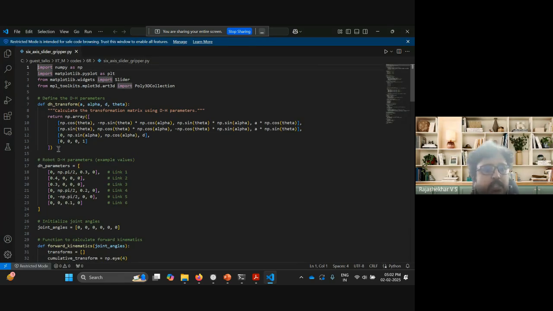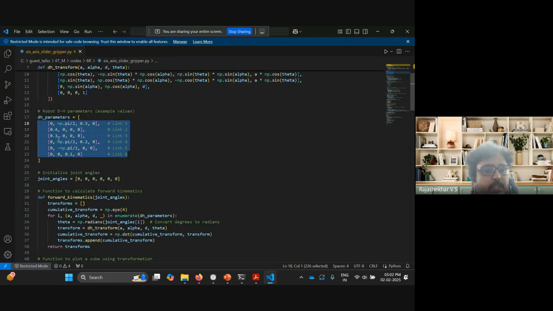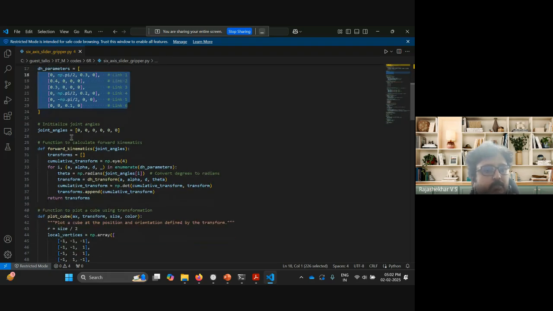So if you can see here, the matrix I showed you is over here, the DH parameter transformation matrix. And for the 6 links, the DH values are given over here for each parameter on each link. The joint angles are initially set to 0, all 6 of them.